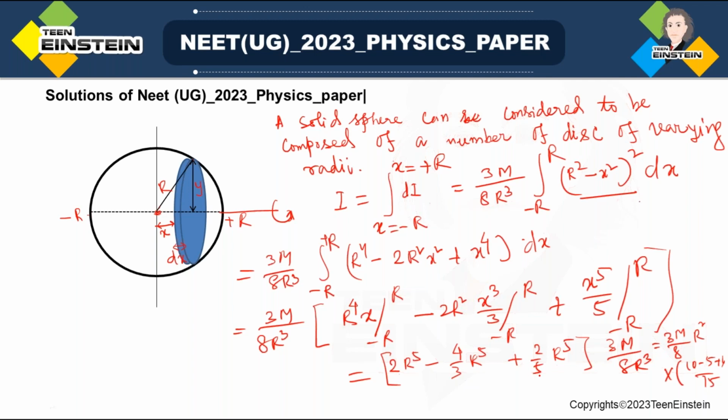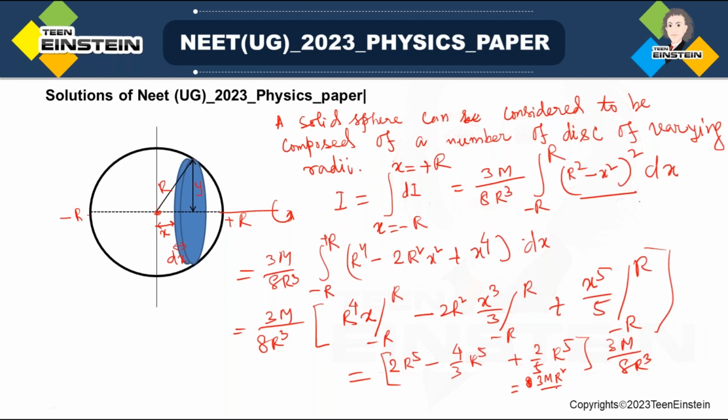So this is 2 by 5, right? Okay, actually all the calculations are fine so far. We'll just do this simplification. Because of space, I am just scribbling.